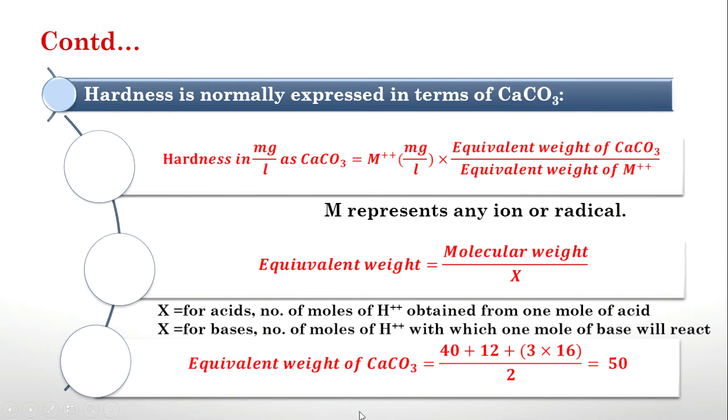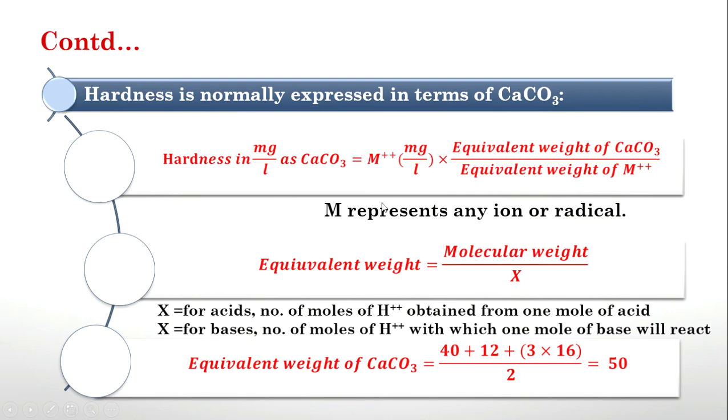I have already explained that hardness is normally expressed in terms of calcium carbonate. So hardness in milligram per liter as calcium carbonate is equal to the amount of the ion multiplied by the equivalent weight of calcium carbonate, divided by the equivalent weight of that particular ion. This ion may be calcium, magnesium or strontium.